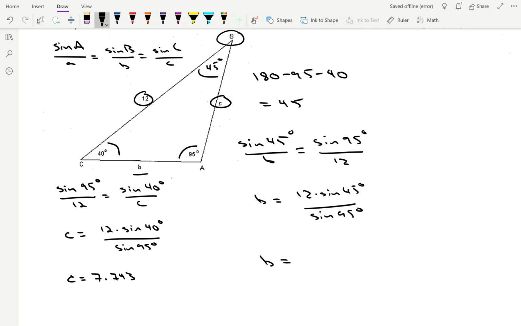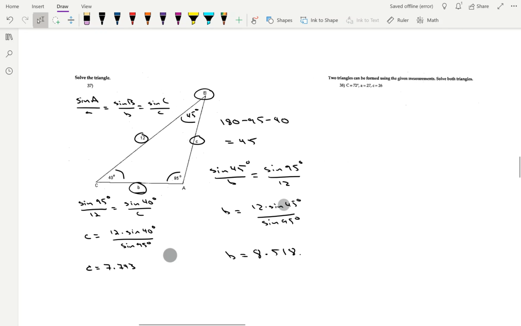I kind of flipped and did everything at the same time. And 12 times sine of 45 divided by sine of 95 gives us 8.518. Okay, so it looks like we got everything we need. We got all angles and all sides.